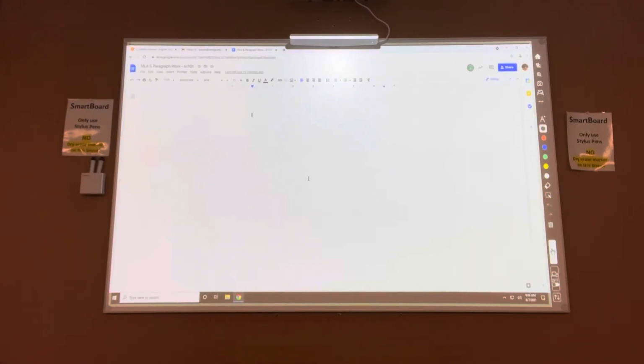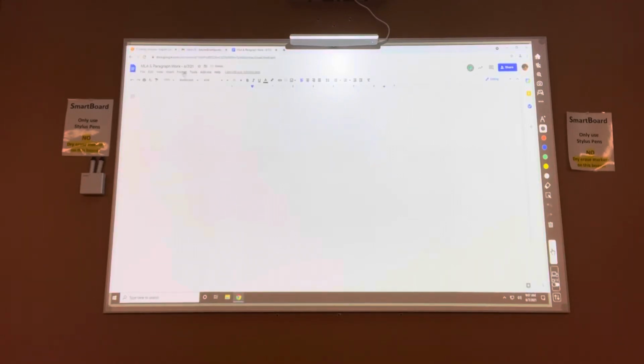Does anybody know? Off the top of your head? What are some of the things we got to make sure we do to set this up in MLA? Good. So it's a little bit different in every word processor. In this one, I believe, line spacing, double.